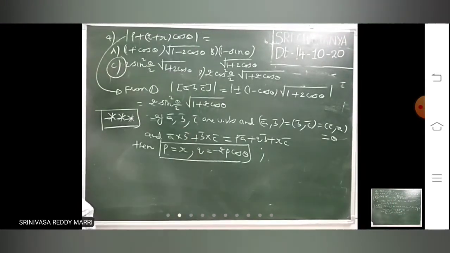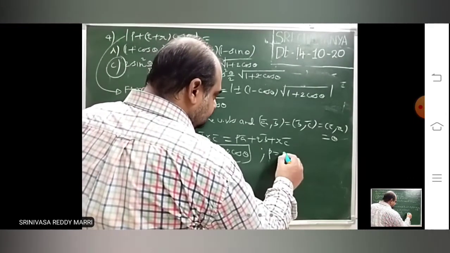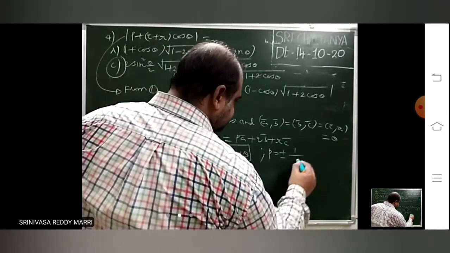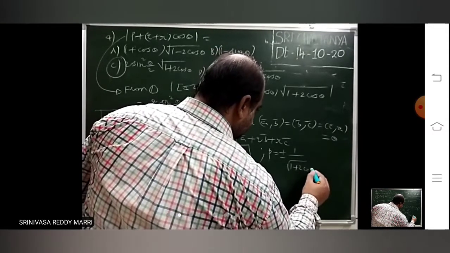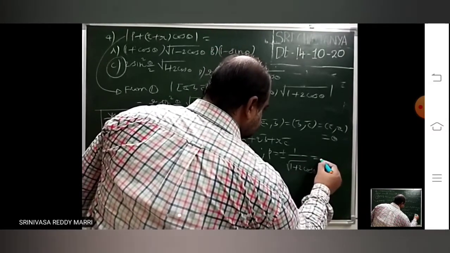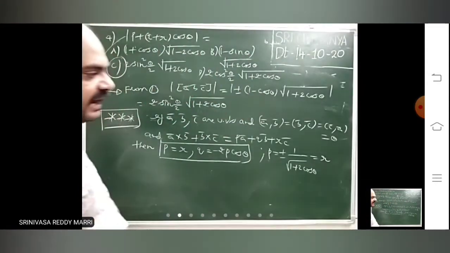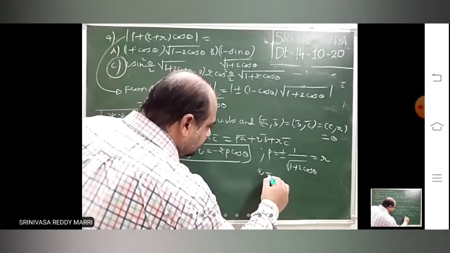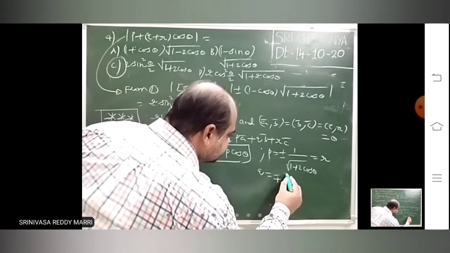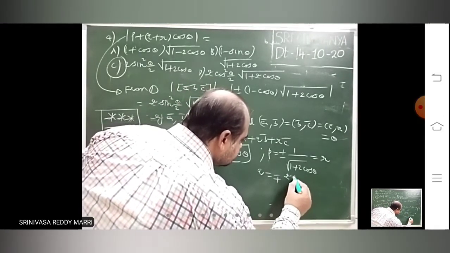This one formula you remember. You can avoid all these things by doing Q equal to minus 2P cos theta. So P equal to plus or minus, this is R. The P and R values are plus or minus 1 divided by root of 1 plus 2 cos theta. So Q is nothing but minus R plus.